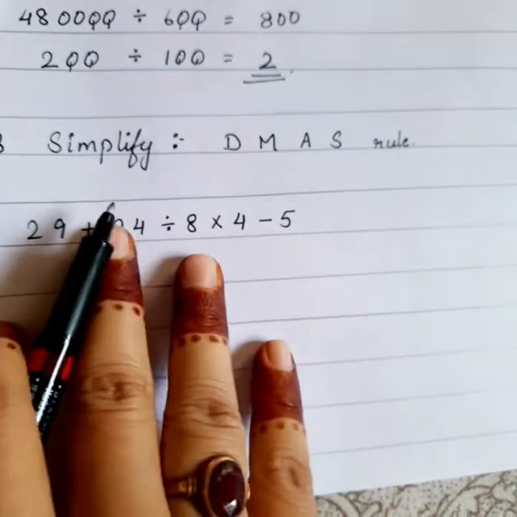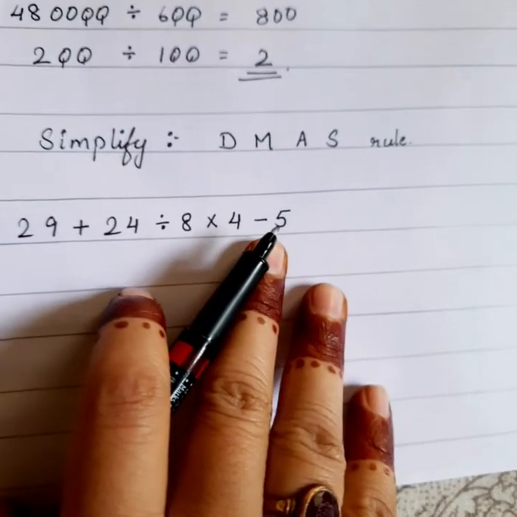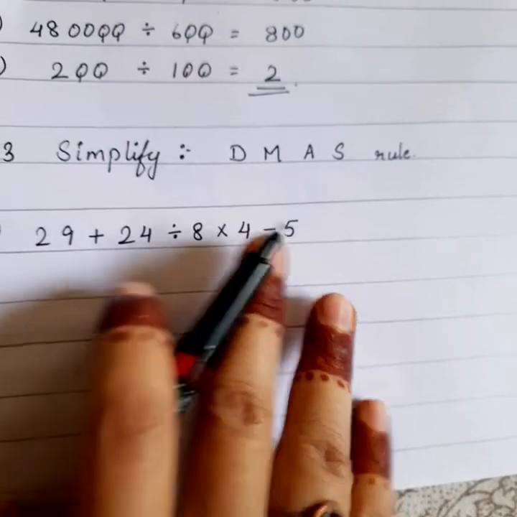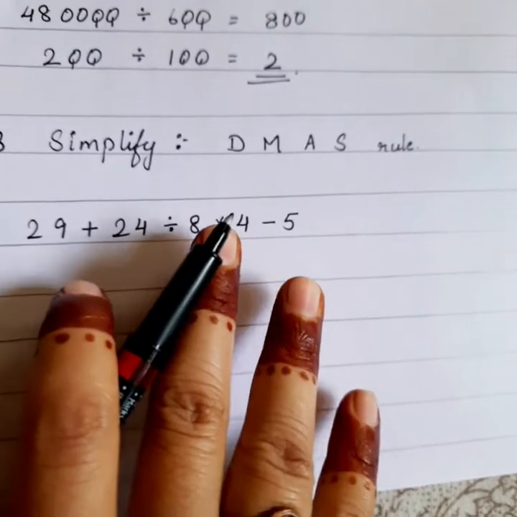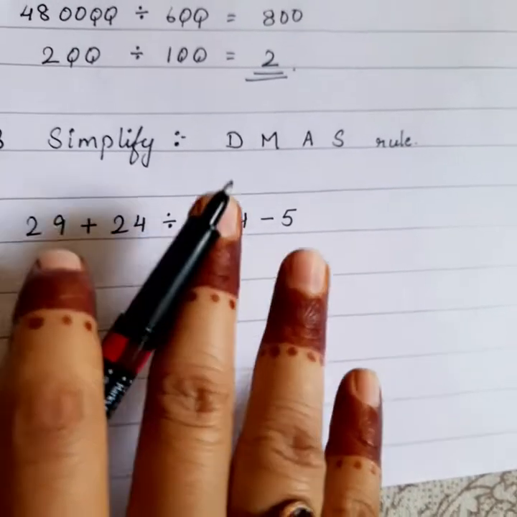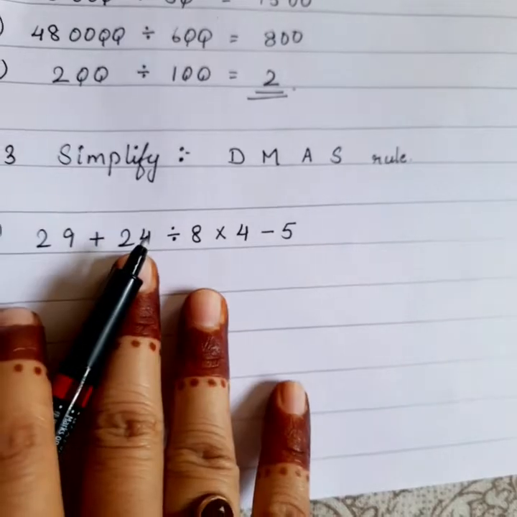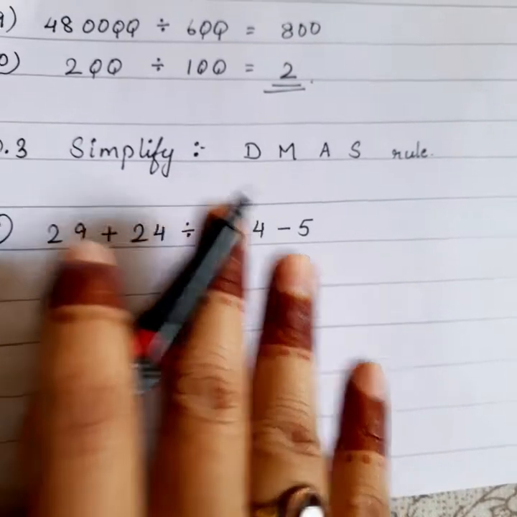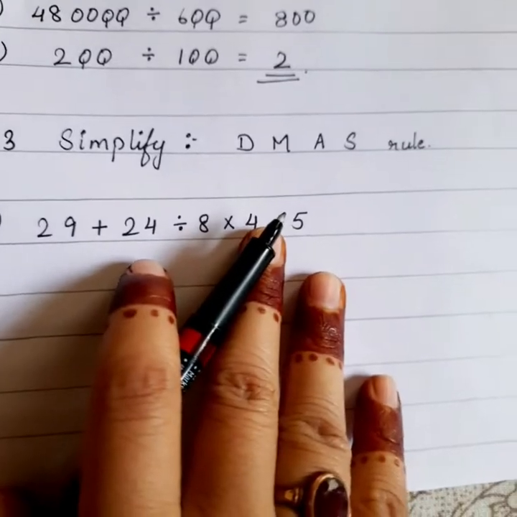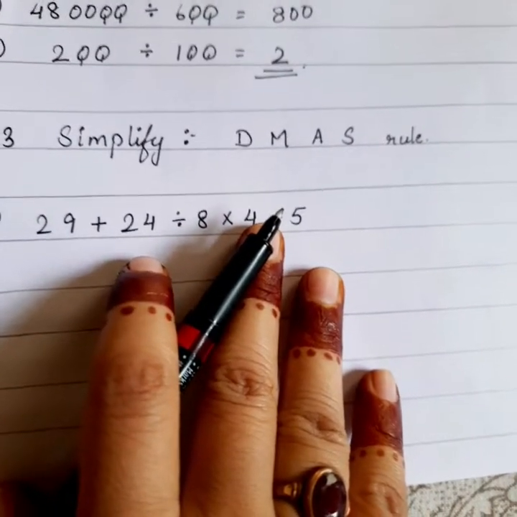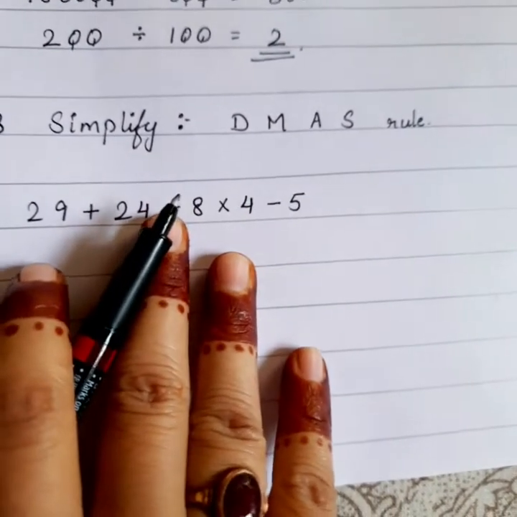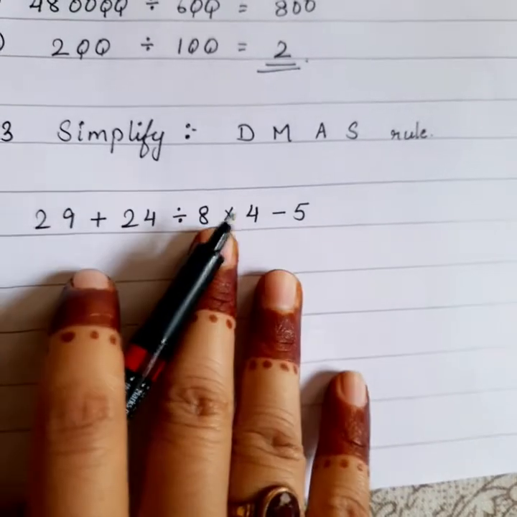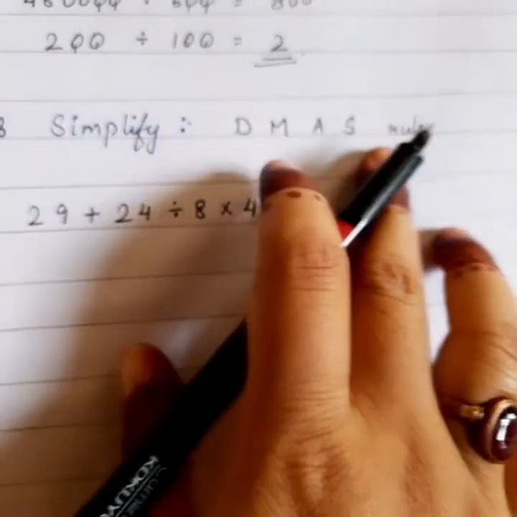Addition and subtraction you have already done in the previous chapter, and division and multiplication we have done in this chapter. So how to simplify this whole expression together, how to use all these operations together, what is to be done first? For that we have the DMAS rule.